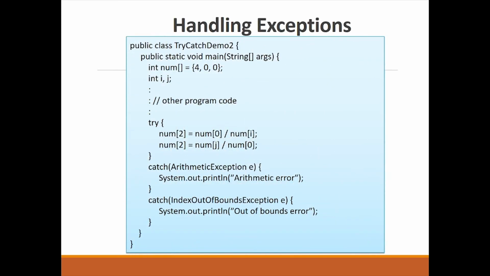Also, we have here a sample for demo number 2. Here, as you can see, we are using an array. Inside our int num, we have array 4, 0, 1, and then int i, j. For our try, we have num0, which is 4, and num i, and then we have num2 equals numj and num0.